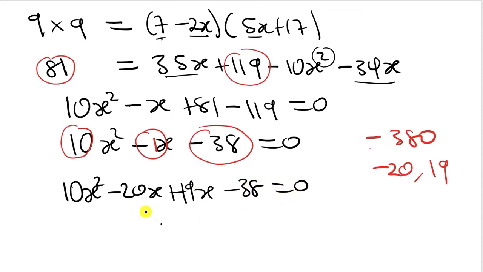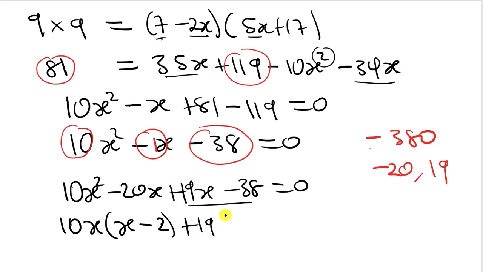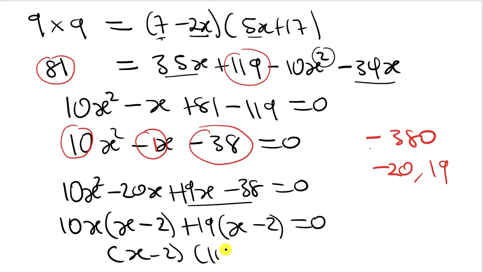We pick the first two terms and then we factorize. What is the common factor for the first two terms? We have 10x. So 10x, we open the bracket, we are left with x minus 2. For the last two, the common factor there is positive 19. So plus 19, we open the bracket, we are left with x minus 2, is equal to 0. We get two linear factors: x minus 2 and 10x plus 19 is equal to 0.